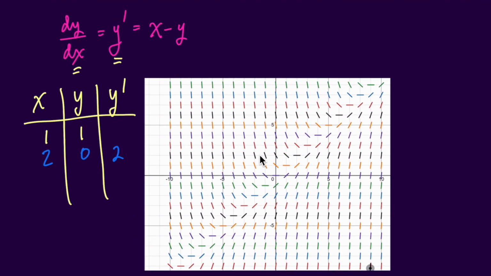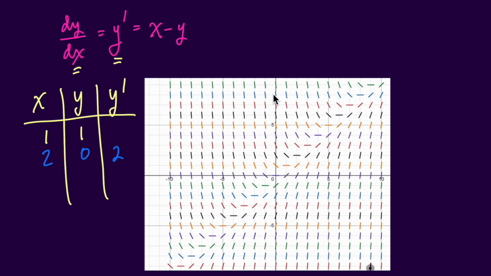Okay, now, once you have your slope field, this is a collection of general solutions. The way this will be presented to you is you might be asked to find a particular solution, and they'll give you an initial condition of a point, and they'll ask you to find the particular solution that goes through that point. In the next segment, I'm going to show you how to glean the particular solution from this array of general solutions.